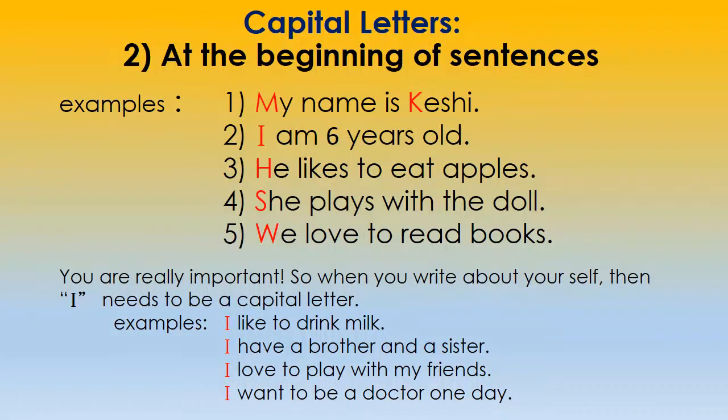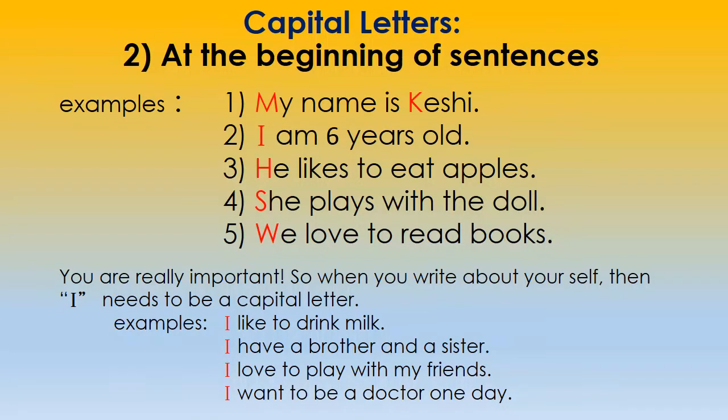There even you can see children, the beginning letter H is written in capital and all other letters are small. Okay? Fourth sentence, she plays with the doll. She plays with the doll.